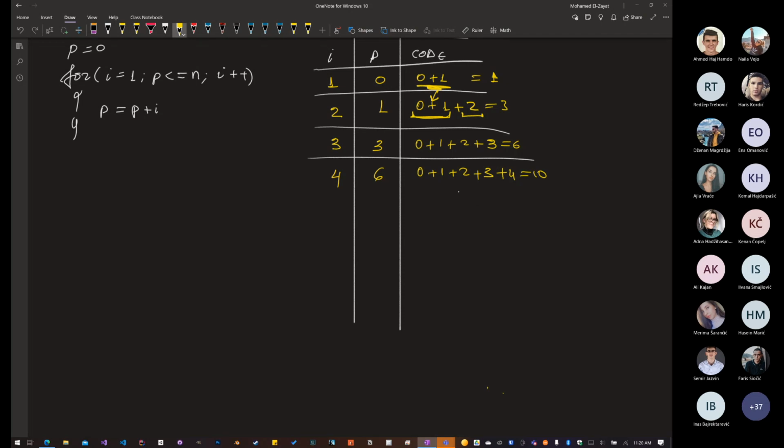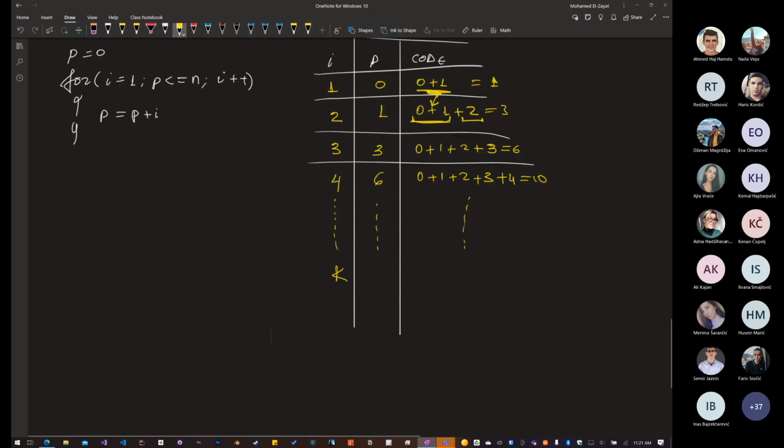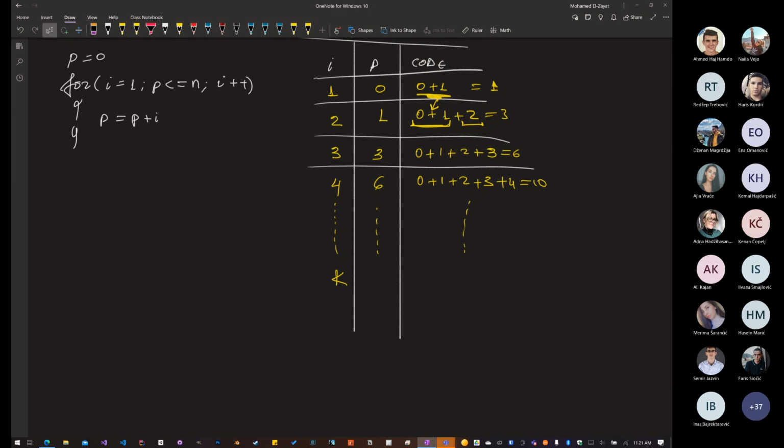And then we'll just keep repeating. But for how much? This will repeat for k times. It's not going to repeat for n times, it's going to repeat for k times, and I'm saying k times because P is less than n here.